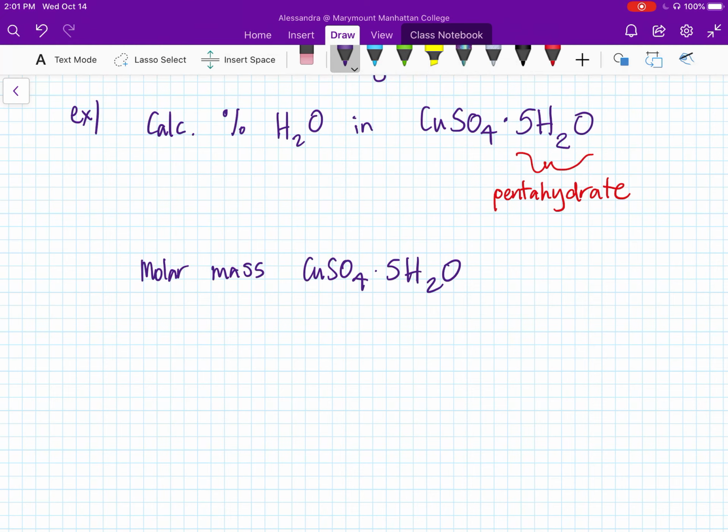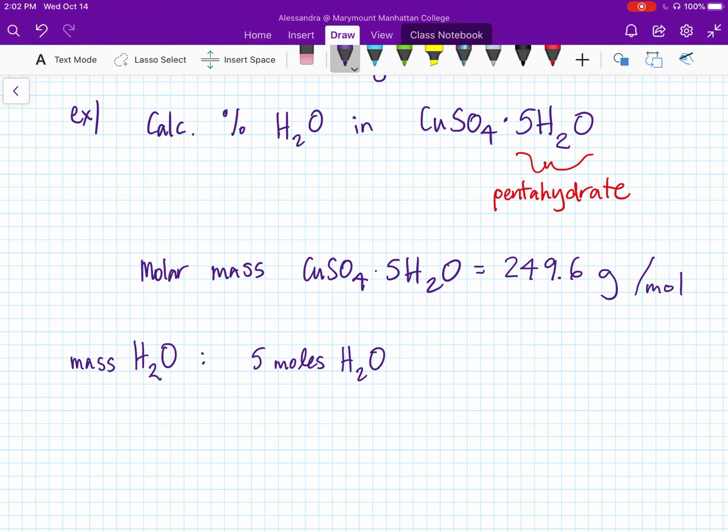If you calculate that, just looking up the atomic masses in the periodic table, you should find a number of about 249.6 grams per mole. I suggest you pause the video and make sure you can get that molar mass yourself using the periodic table. Now, what is the mass of water? In 1 mole of copper 2 sulfate pentahydrate, we have 5 moles of H2O.